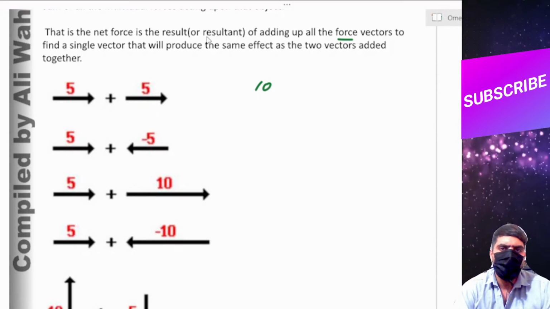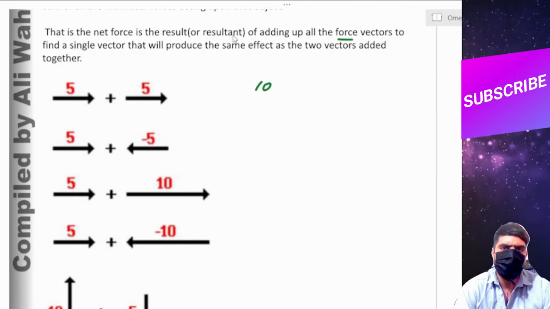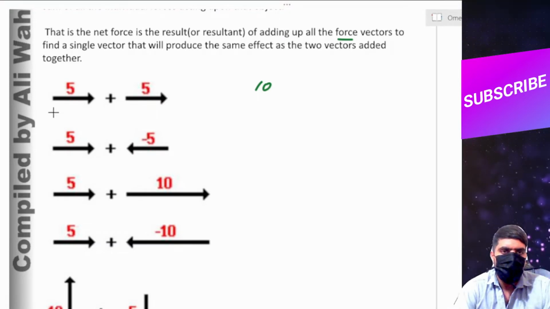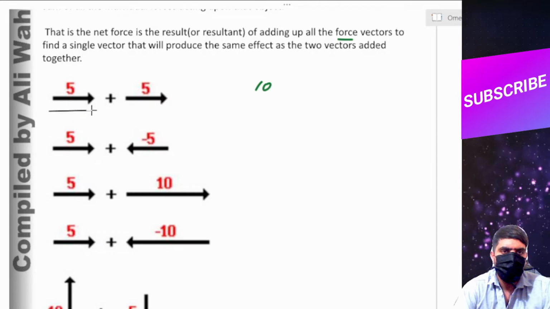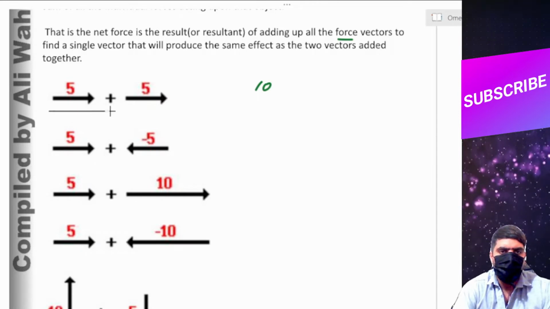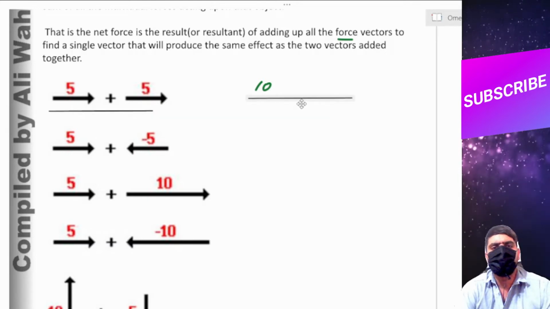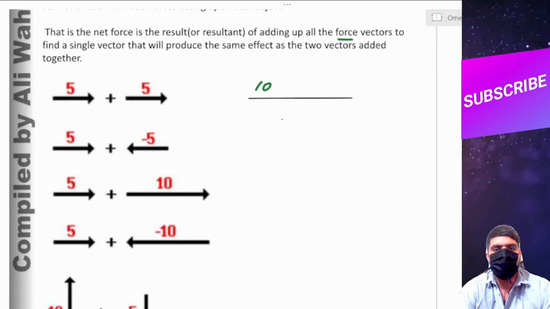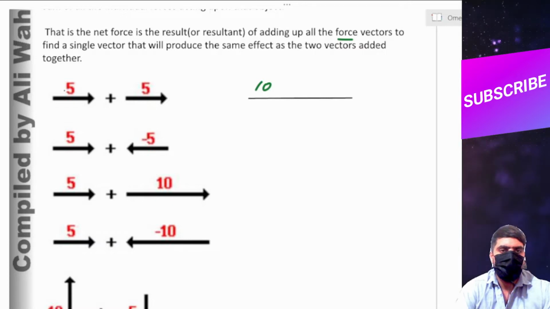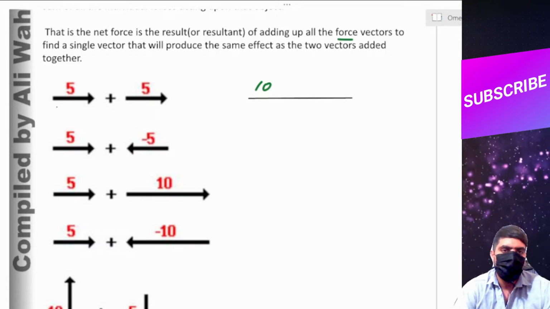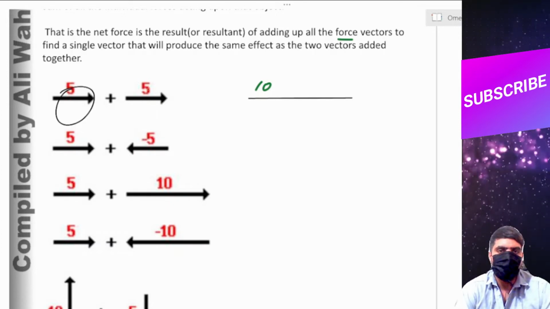Then you need to draw or represent the vector as well, and we draw it in such a way that the length of the new vector is double the length of each one of these. So basically we have added their lengths as well. The length of the final line, or the resultant vector, equals the length of this one plus the length of this one.